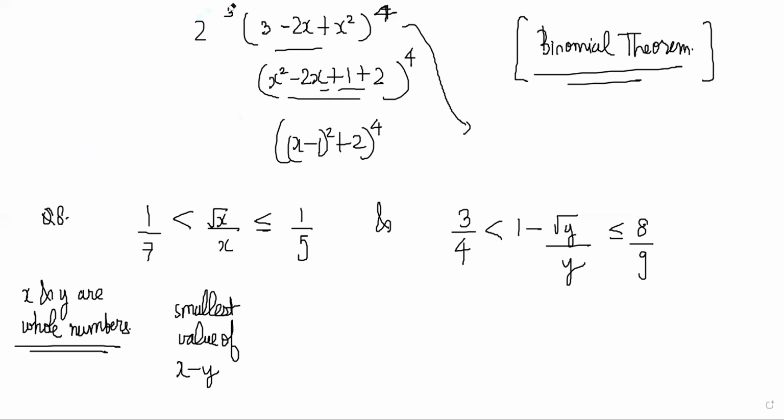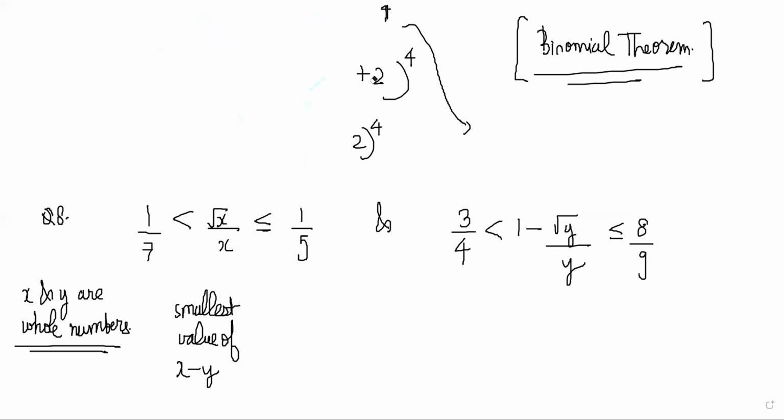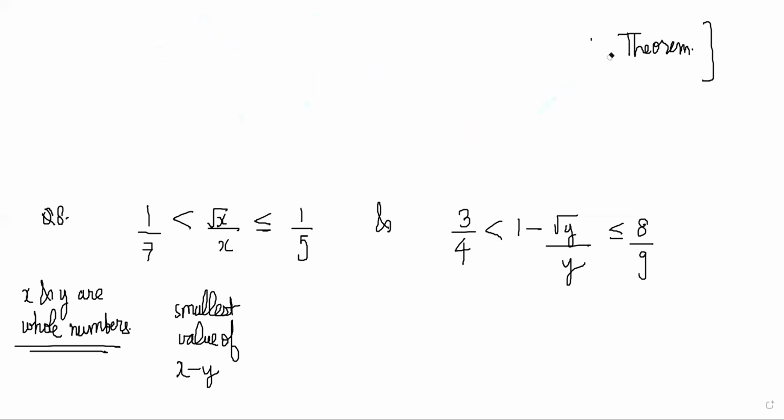First of all, we should write the second inequality also in the form root y by y. We can simplify it a little bit. So what I'll do is subtract 1 from everything. It will become minus 1 by 4 is less than minus root y by y is less than or equal to minus 1 by 9. Then I'll multiply by minus 1 to remove this minus sign.